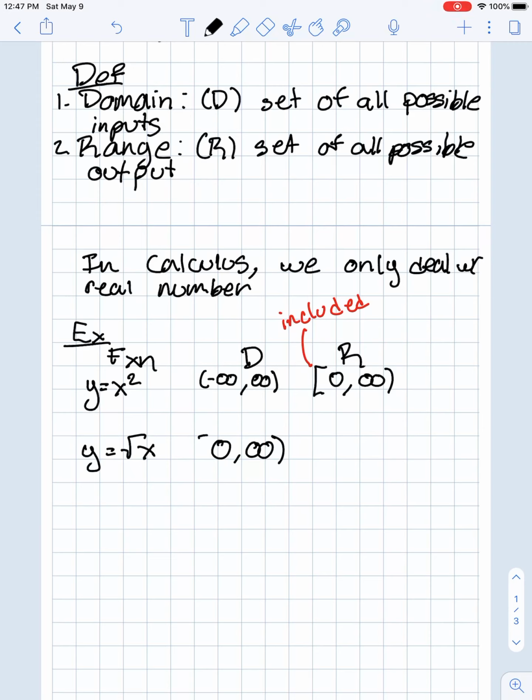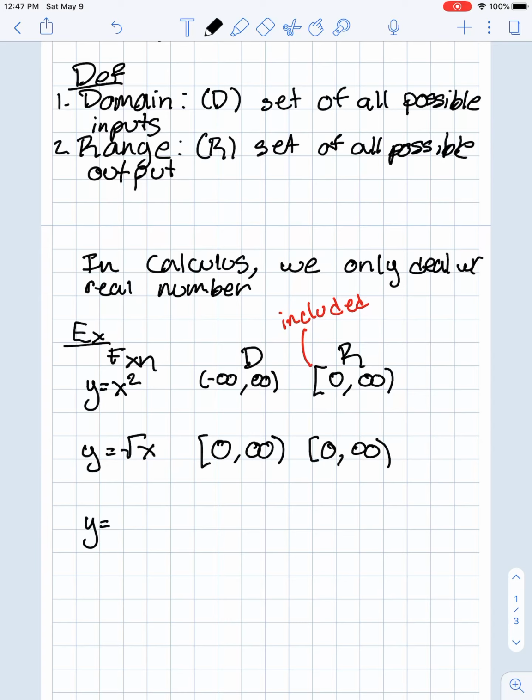I am. Square root of 0 is 0, so that makes it a hard bracket. For the range, the square root of a positive number is still going to be positive. So the range actually is the same as my domain, which is pretty cool. So those are pretty straightforward.